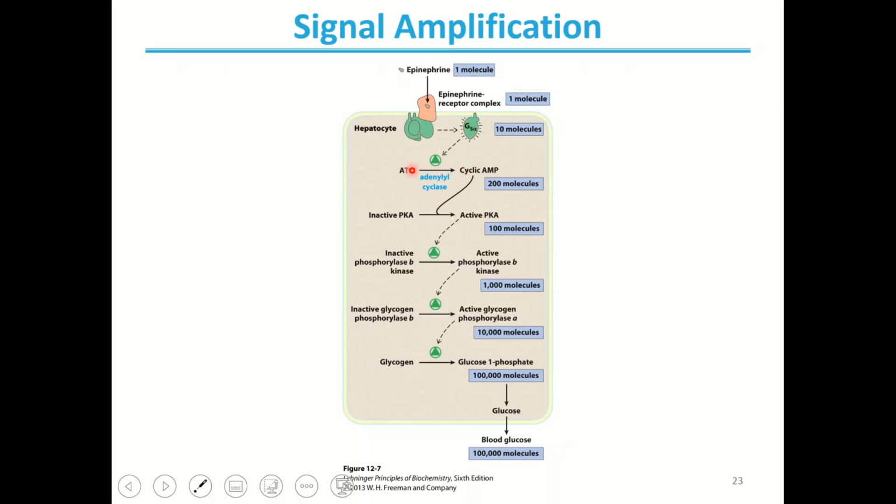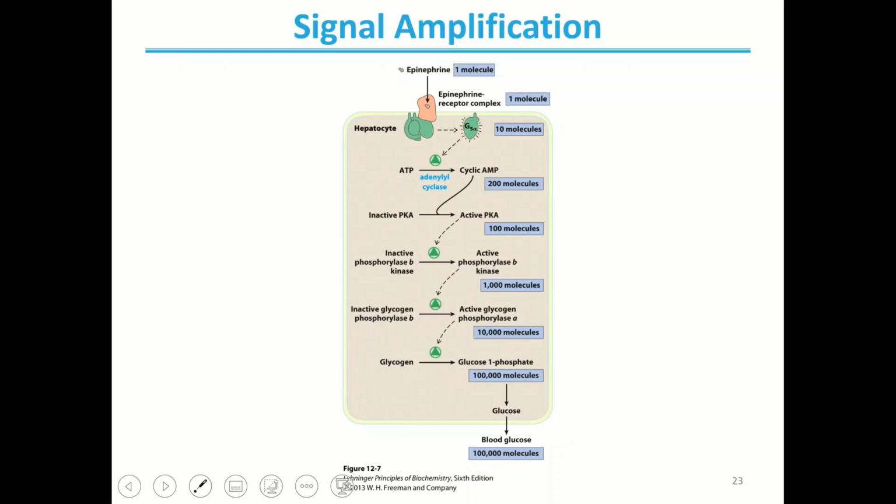Those could produce maybe 200 molecules of cyclic AMP. 200 molecules of cyclic AMP would activate 100 molecules of PKA. And we'll talk about why the number actually goes down there.